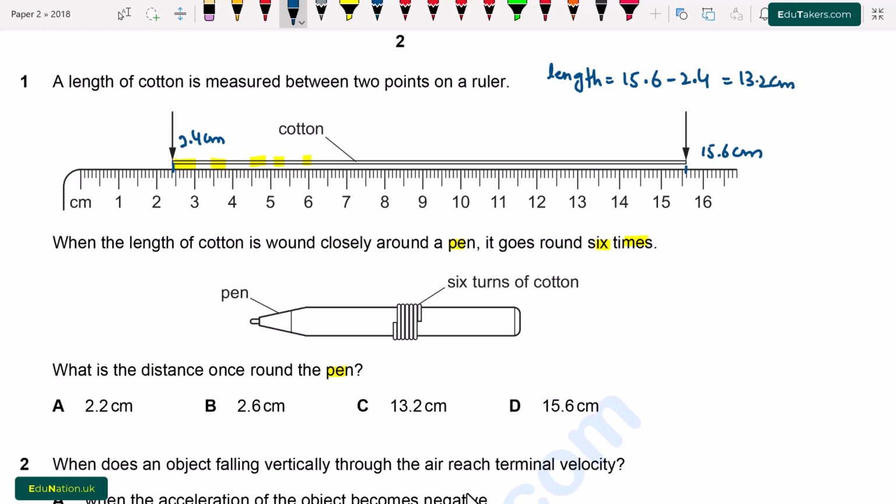Now this cotton goes round 6 times and we have to find out the distance for one round. So I divide it by 6. It will be equal to 2.2 centimeter. So this is the distance once round the pen. From here, option A is correct.